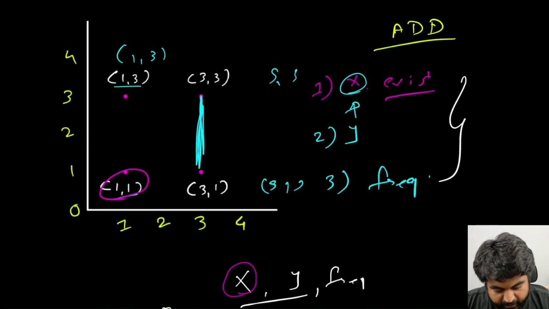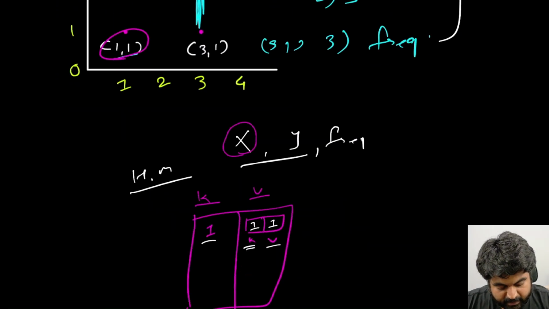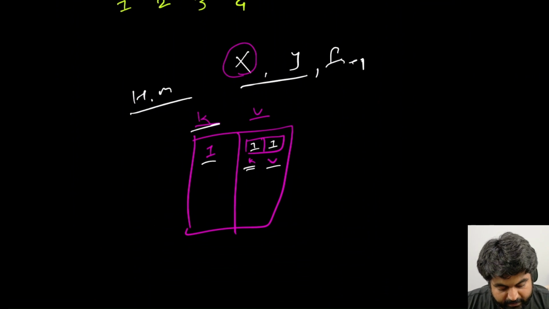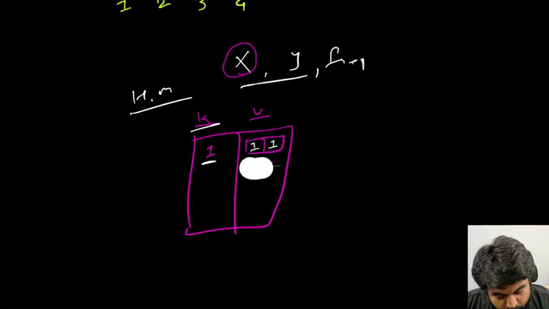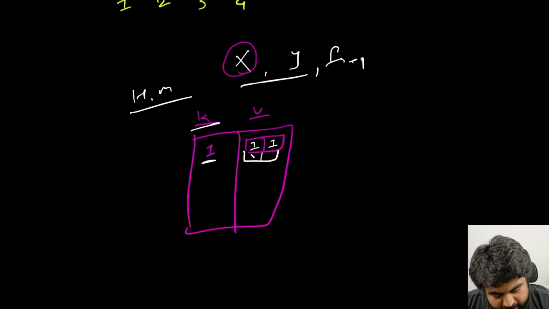Same way, the next coordinate we are adding is going to be 1 3. So once again, the key 1 is going to remain common, but as part of its value, we are going to have one more entry inside this hash map, where now the value of the y coordinate is going to be 3, and its frequency is going to be 1.